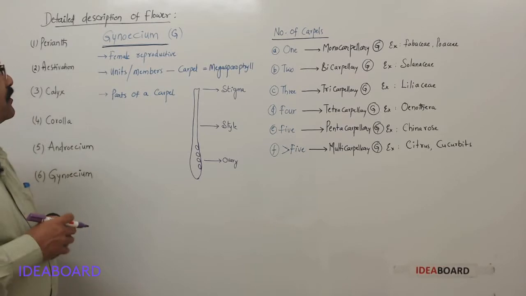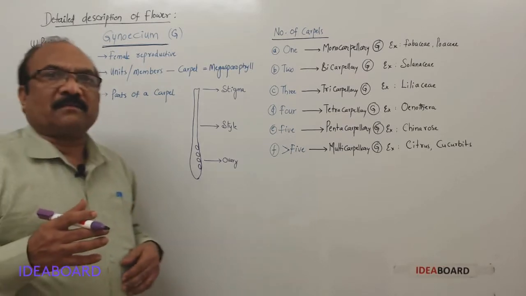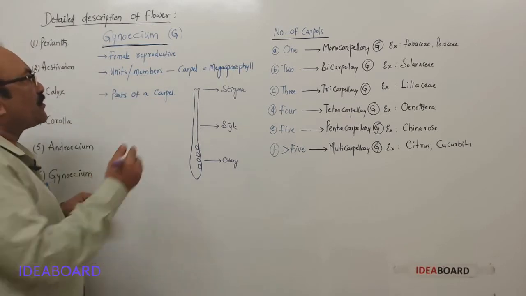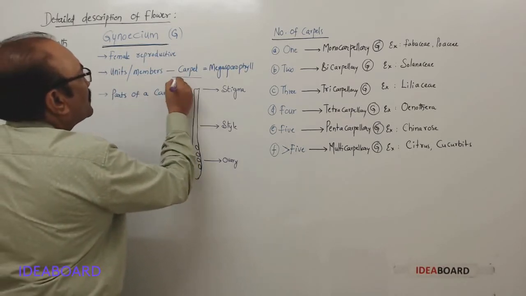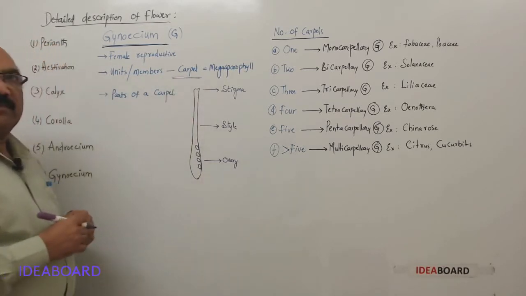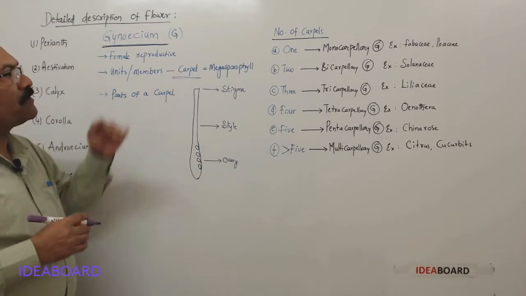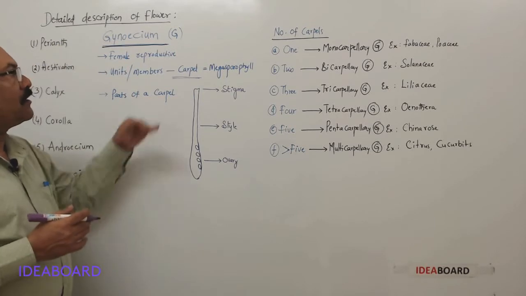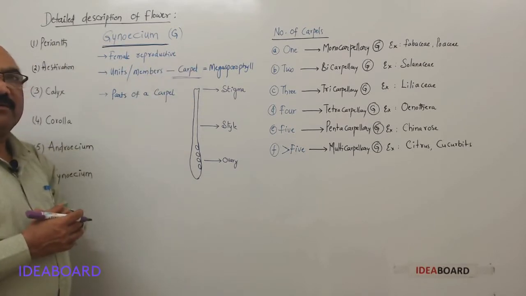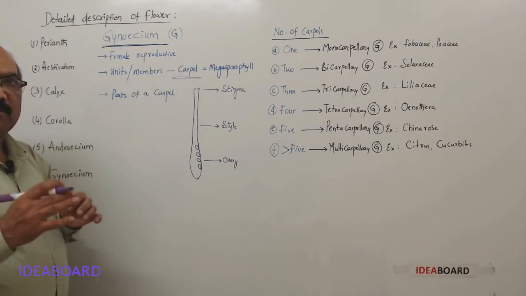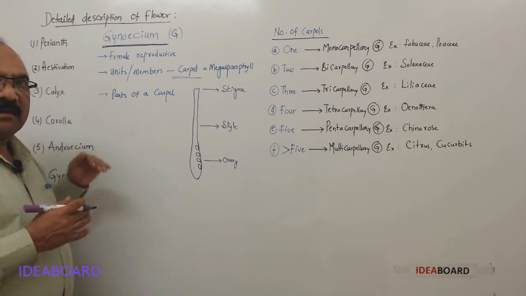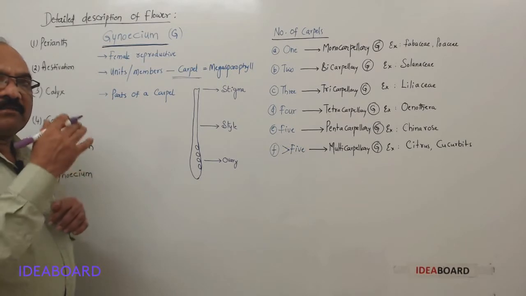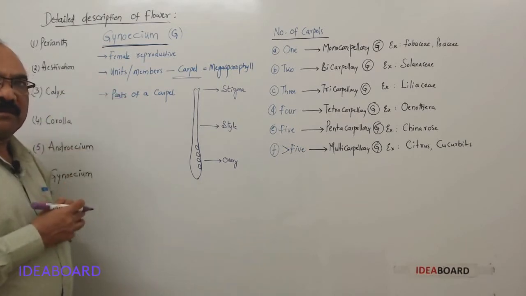And the units or members of this gynoecium are called carpels. This carpel is equivalent to megasporophyll. And don't forget, under androecium we discussed the stamen, and the stamen is equivalent to microsporophyll.